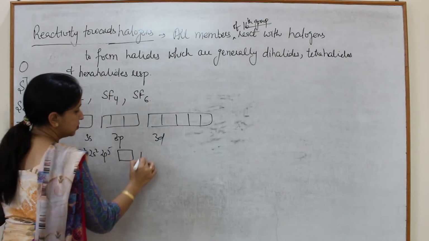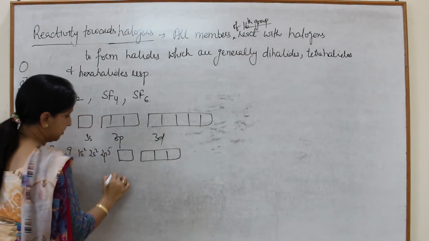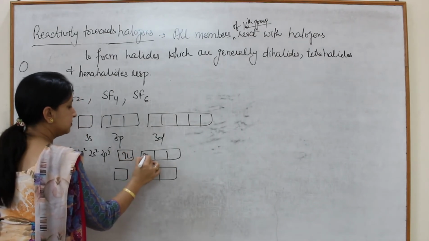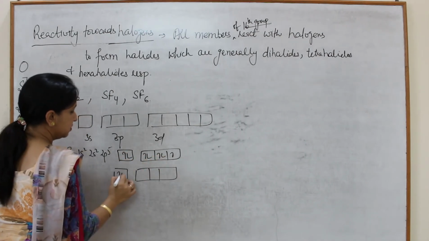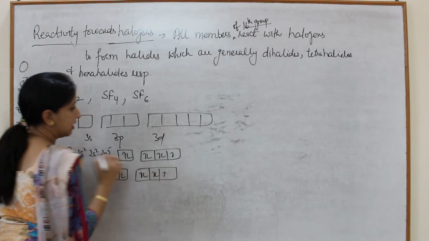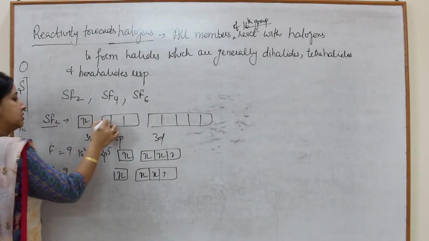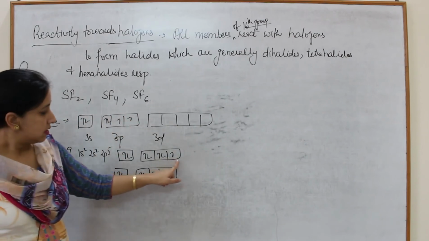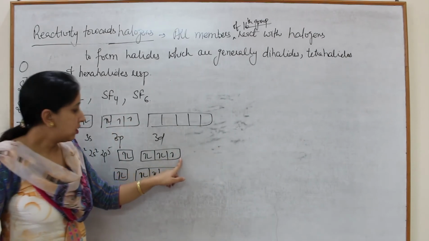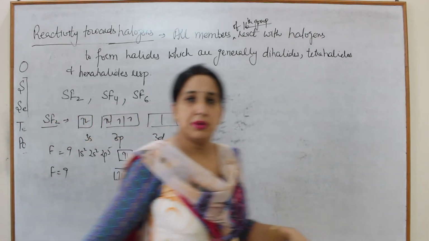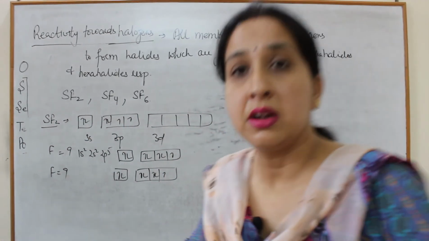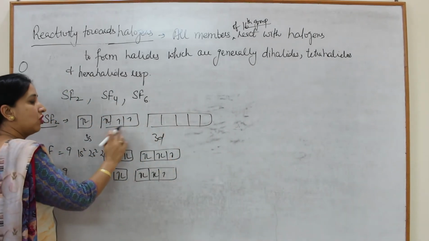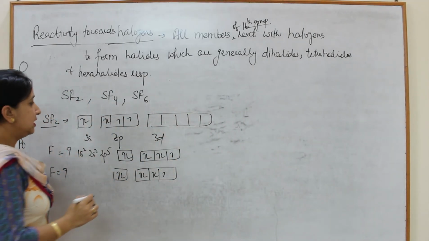So 2s2 2p5, this is 3s2 3p4. So we require only 2 unpaired electrons and we have already 2 unpaired electrons.